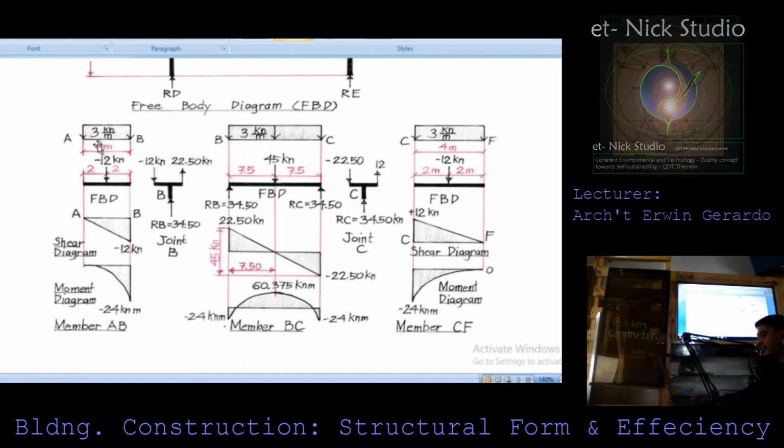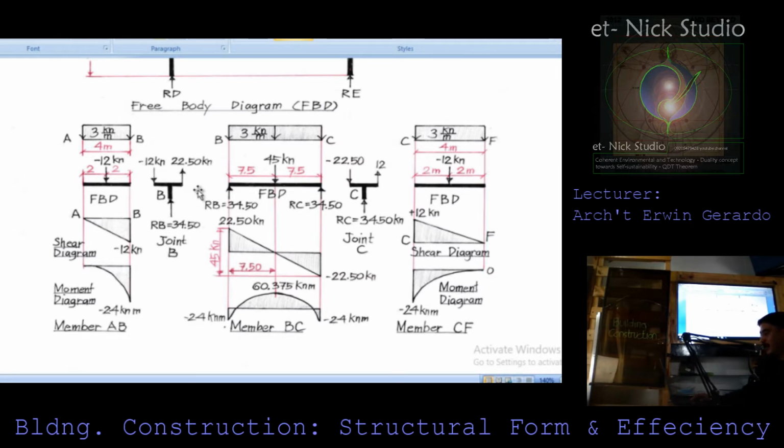So take note, because of the moment diagram here, the loading here is 12 kilonewton, and from the derivation of the moment diagram, we are able to obtain 24 kilonewton-meter, and the negative will represent the direction of your moment diagram, which is actually found below the neutral line.